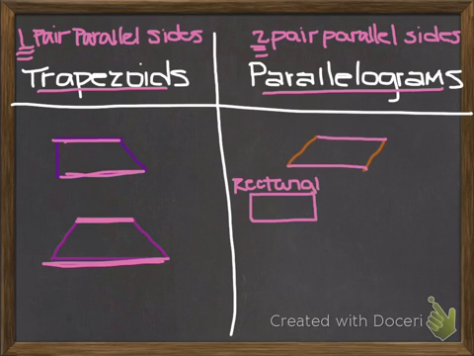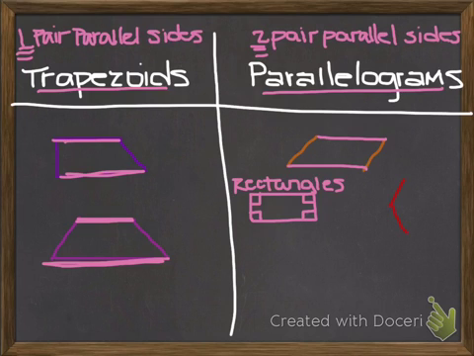That is the attribute that makes a rectangle. So any quadrilateral that you see that has four right angles, you can call it a rectangle. You can also call it a parallelogram. You can also call it a quadrilateral. It's all of those.